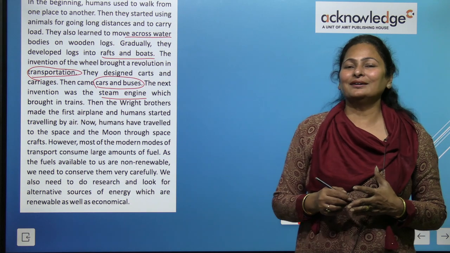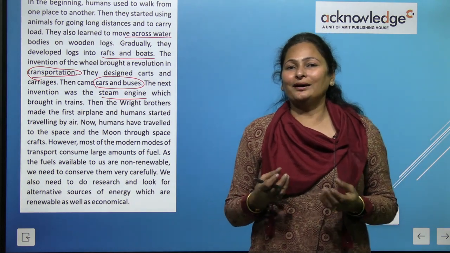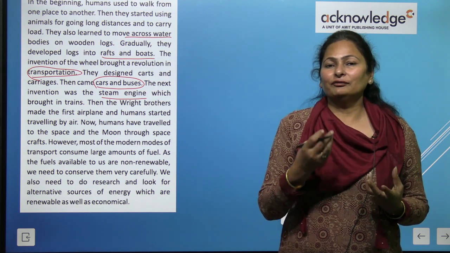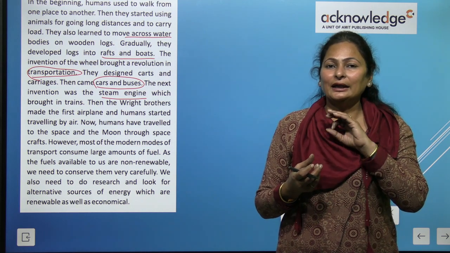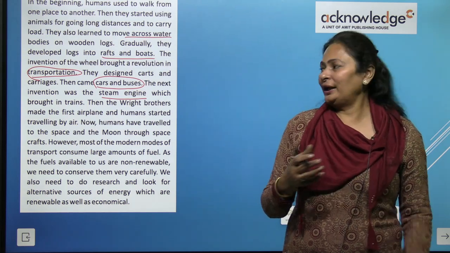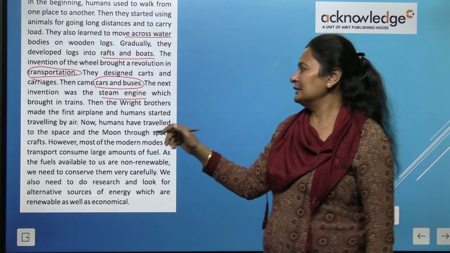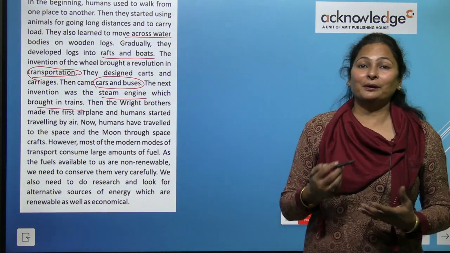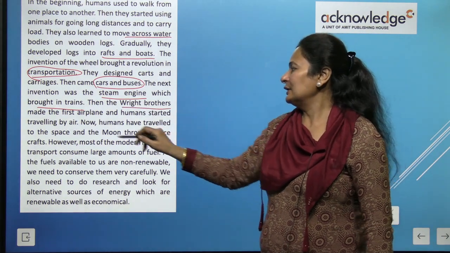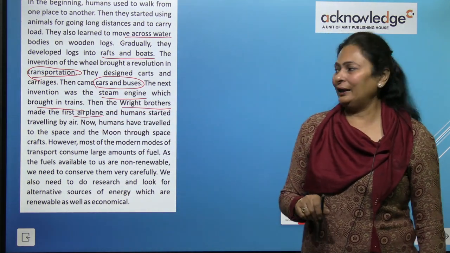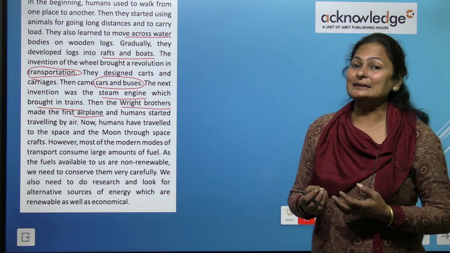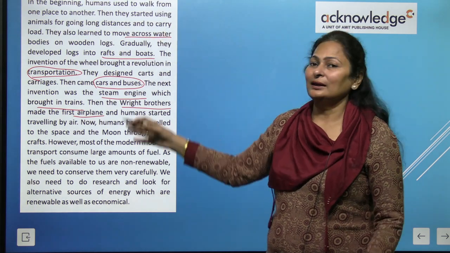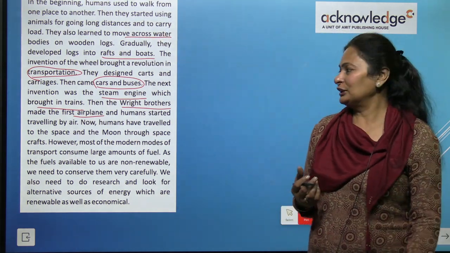The steam engine takes power from steam and gives movement to trains. So steam engines were designed and brought into trains, and then the Wright brothers invented the airplane, right? And humans started traveling by air. So that is the story of transportation.